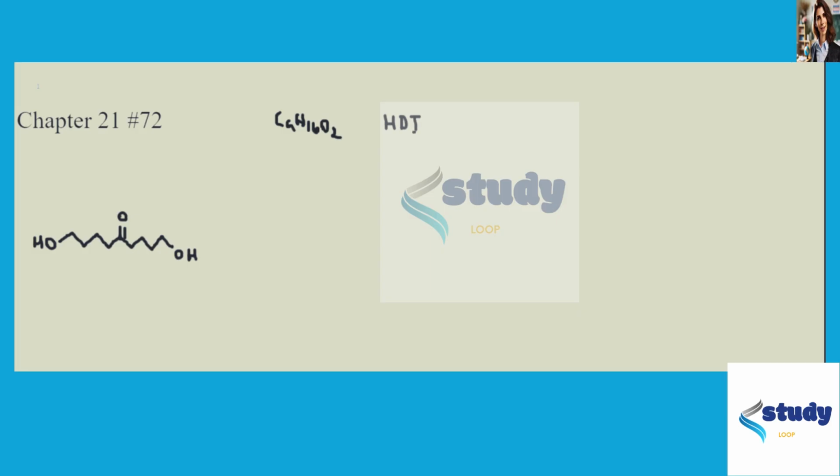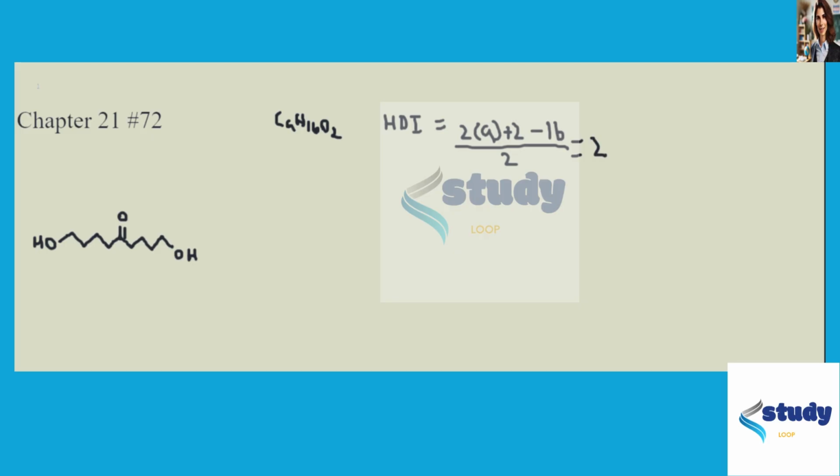Hopefully you remember from earlier chapters that this is going to be 2 times the number of carbons, which in this problem is 9, plus 2, and then minus the number of hydrogens, which for this one is 16, and then all of that over 2. So 18 plus 2 is 20, minus 16 is 4, over 2 is 2.